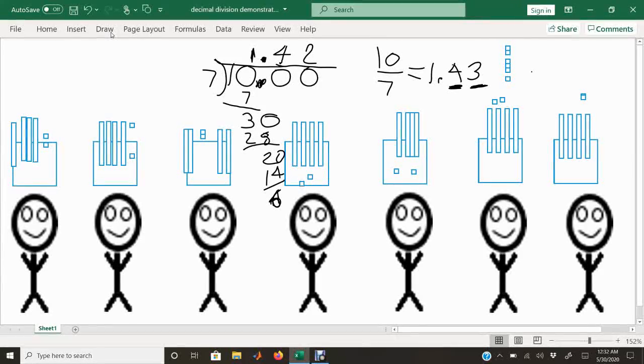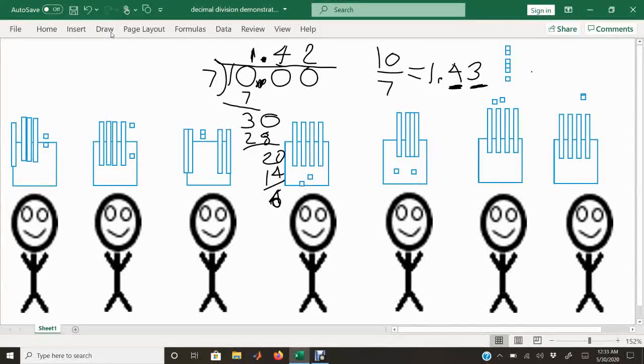So if I can't break the pieces up anymore because they're too small, but if I could cut each one of the hundredths into tenths, I would get thousandths. I could continue distributing them. But whatever answer I would get, it would be closer to 1.43 than 1.42.